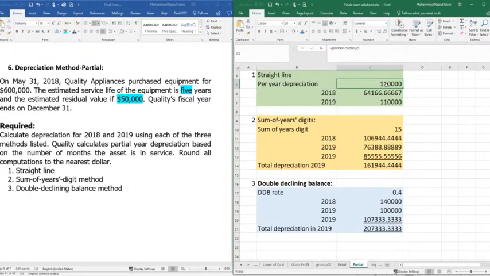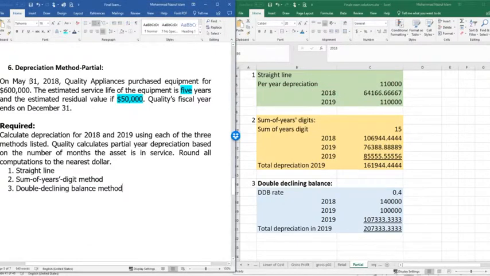Here the per year depreciation would be 600,000 cost minus the residual value, that is 50,000, divided by number of years. This is the whole year depreciation. For 2018, we started on May 31st.